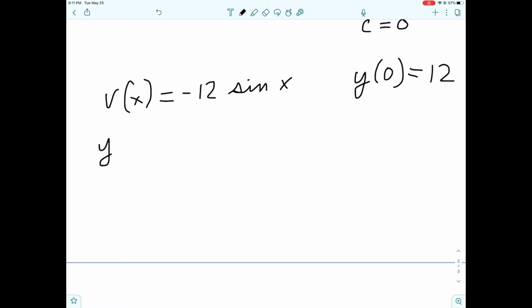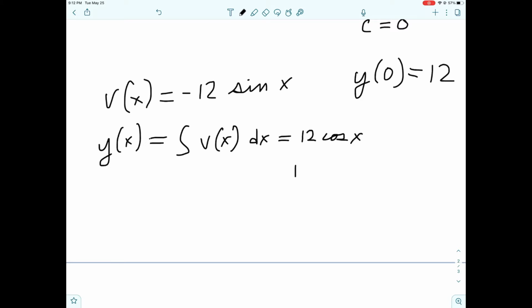Now we're going to find our position function, check our work once again, by taking the integral of our velocity function and using the initial condition that our position function at 0 equals 12.